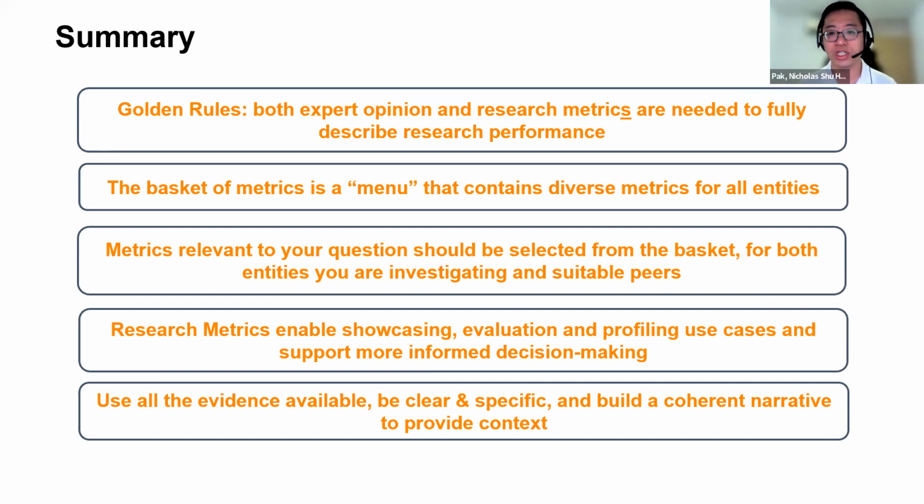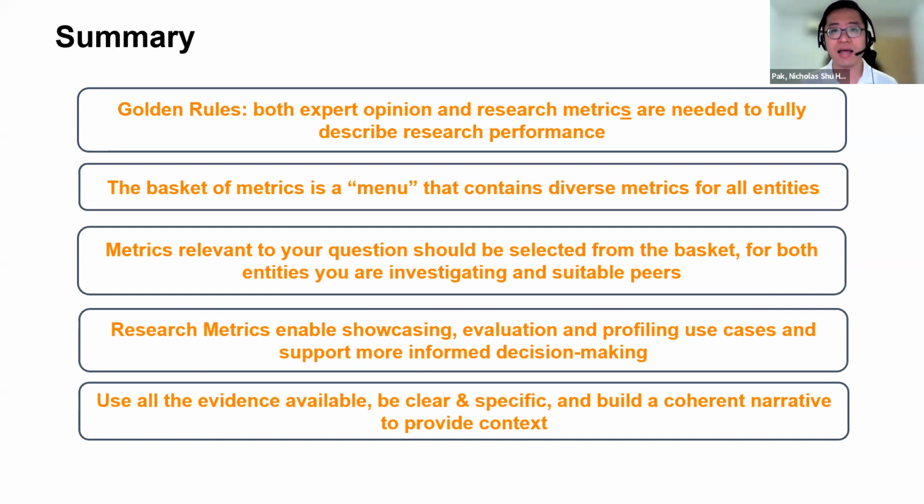Metrics relevant to your question should be selected from the basket for both the entities which you're investigating and for suitable peers. Research metrics enable showcasing, evaluation, and the profiling of use cases to support more informed decision making, and we should use all the evidence that is available to be clear and specific, to build a coherent narrative to provide context itself.